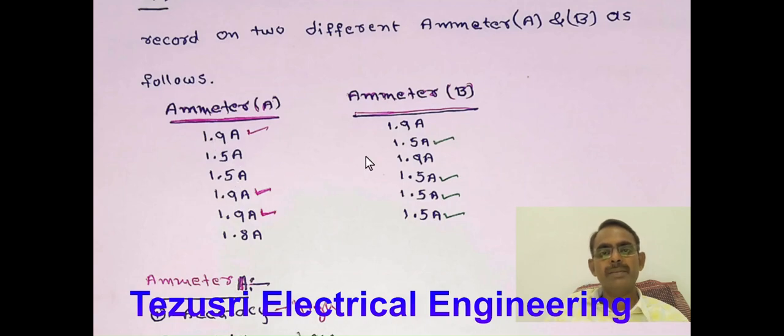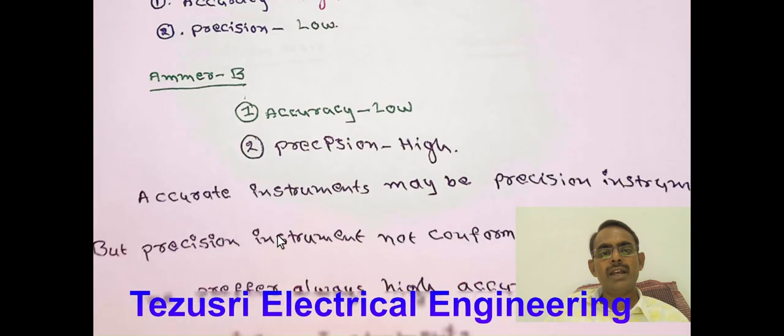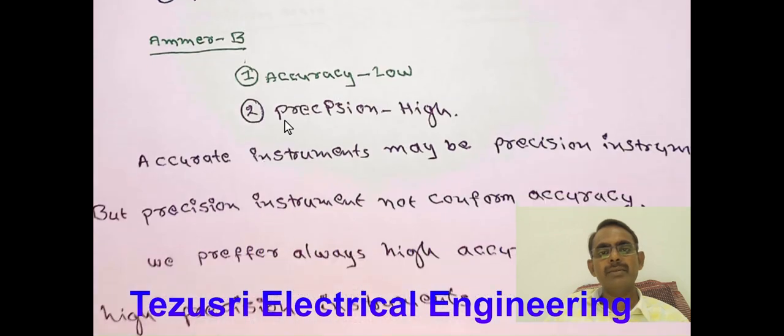That means the precision of instrument B is greater than instrument A. Ammeter A has high accuracy and low precision when compared with ammeter B. Ammeter B has low accuracy but high precision when compared with ammeter A.